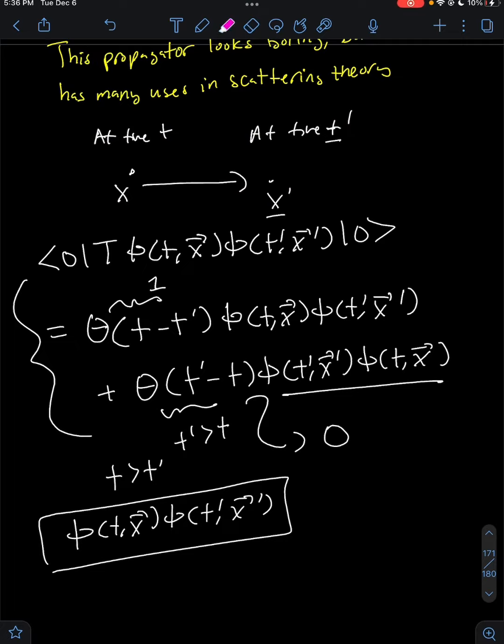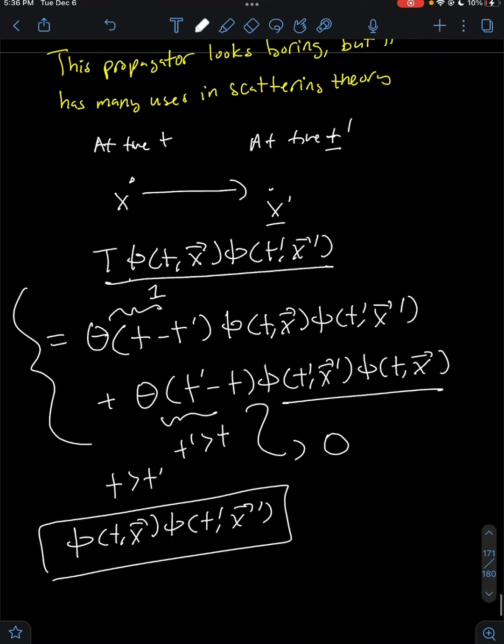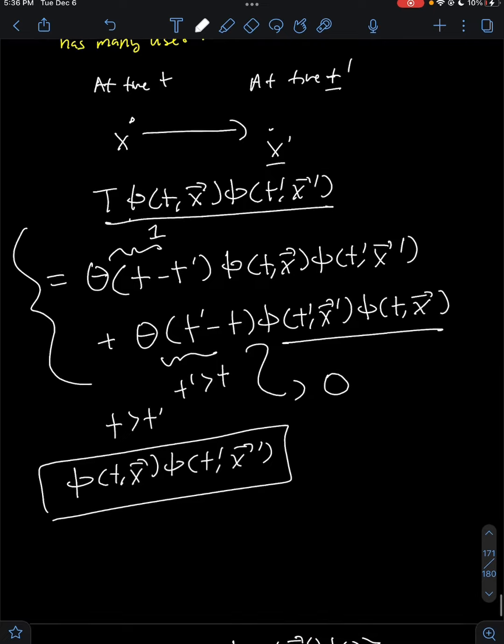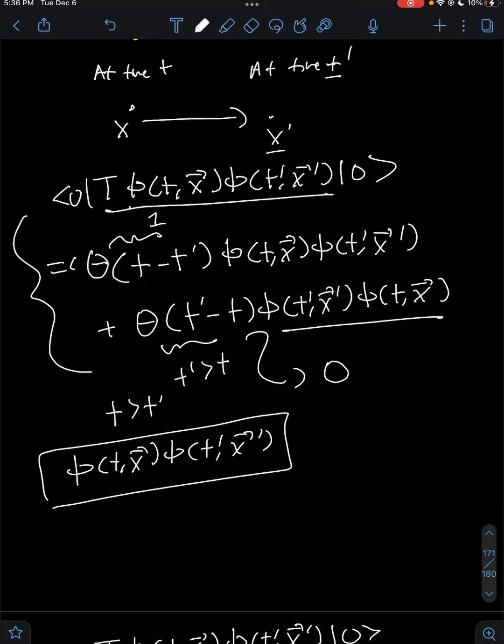Also, an important thing: this expression right over here is actually equal to this without the inner product. That's what T phi x times phi t prime x prime is equal to. If we were to add the inner product over here, we'd have to distribute it to each term right over here.